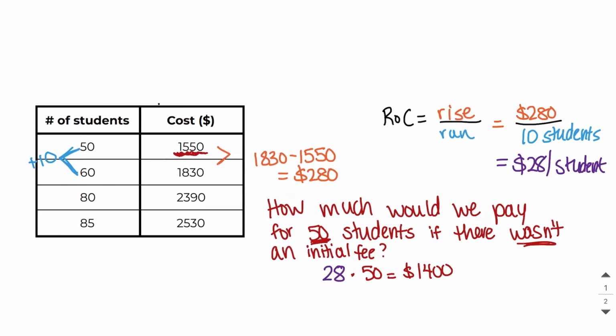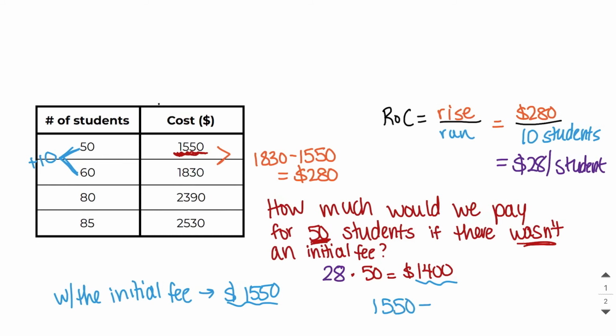But we do know that with the initial fee, we are paying $1,550. So without, it's $1,400, with it's $1,550. So all I have to do is take $1,550, subtract $1,400, and I get $150. And this right here tells me my initial value.